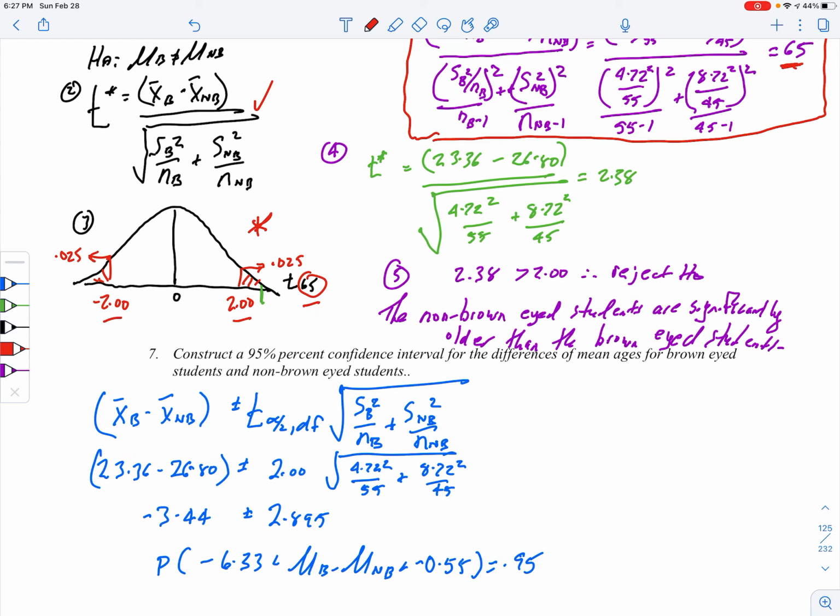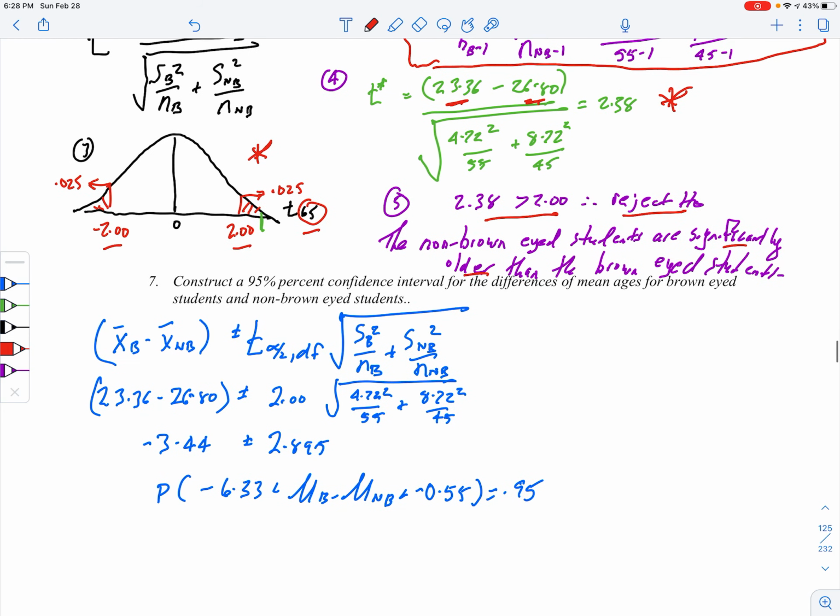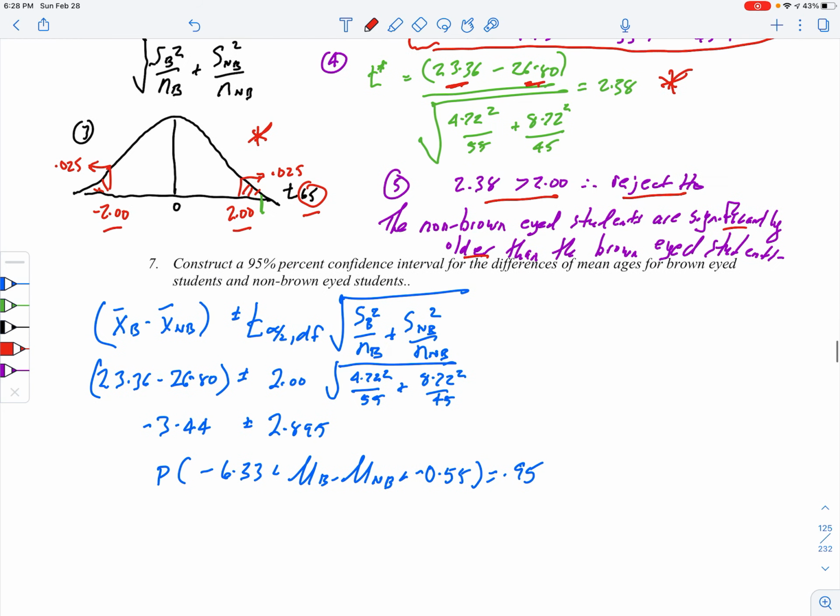We write a concluding statement which says the non-brown-eyed students are significantly older than the brown-eyed students, right? These are the means that we're looking at. So these are the brown-eyed, these are the non-brown-eyed. So the non-brown-eyed students are significantly older by about 4 years on average, it looks like. 3.5 or so. Okay.